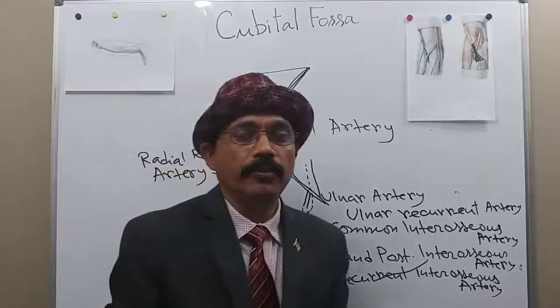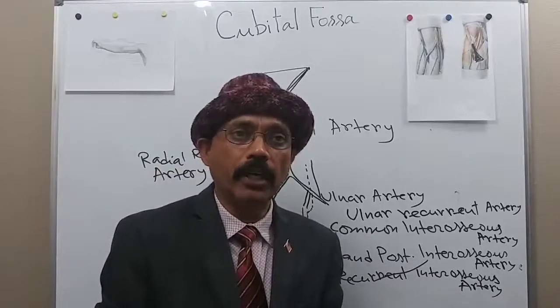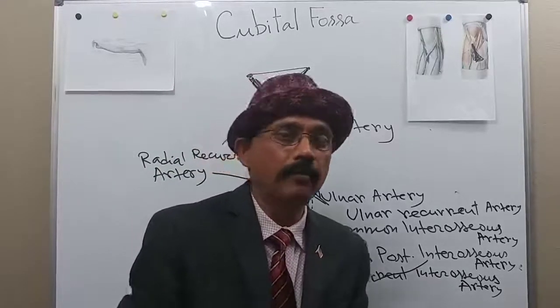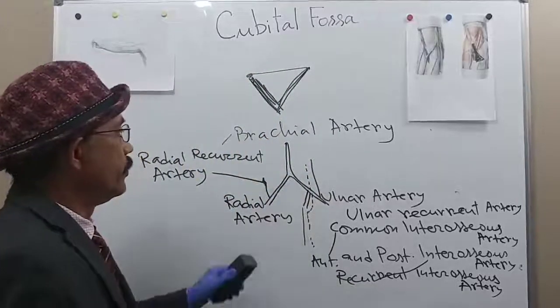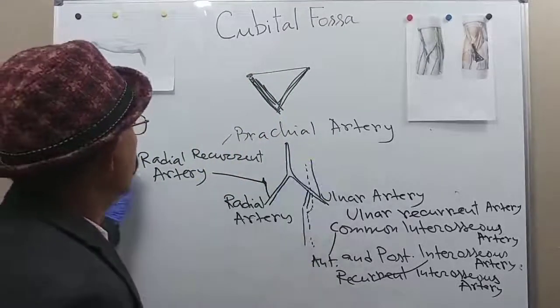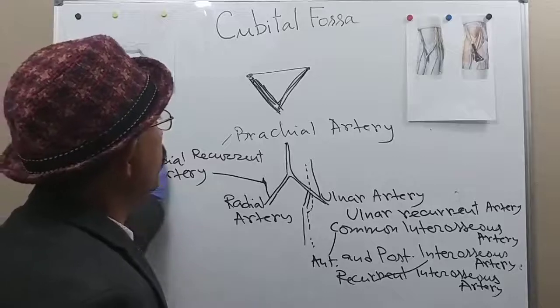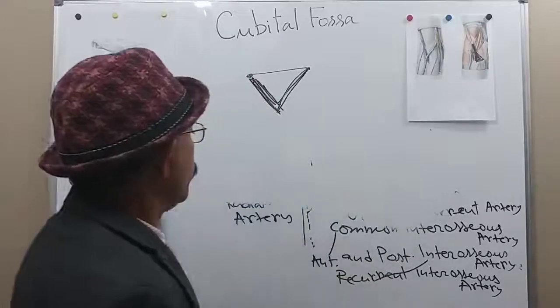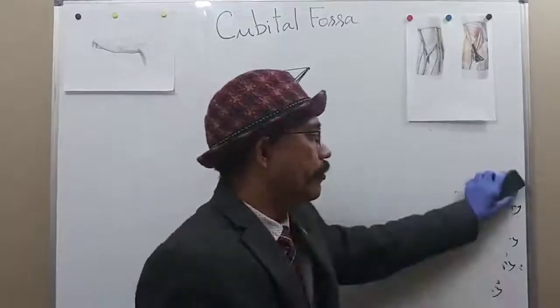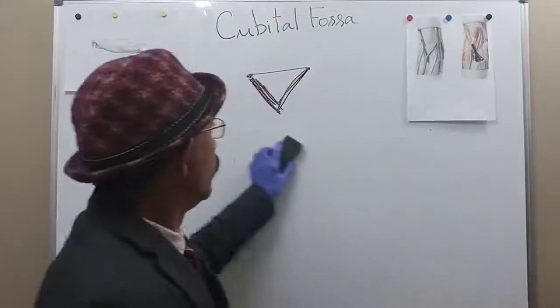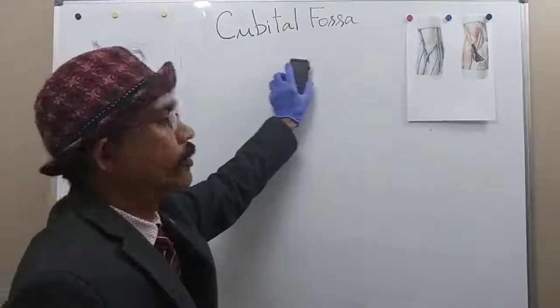So it is not necessarily in the cubital fossa, maybe in the arm, not in the axilla, in the arm. Okay, so these are the branches of the artery in the cubital fossa. So brachial artery is a continuation of the axillary artery. Okay, so we got the content.